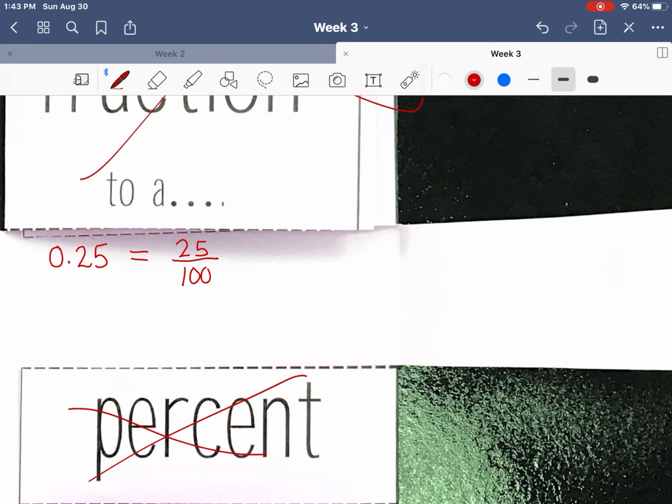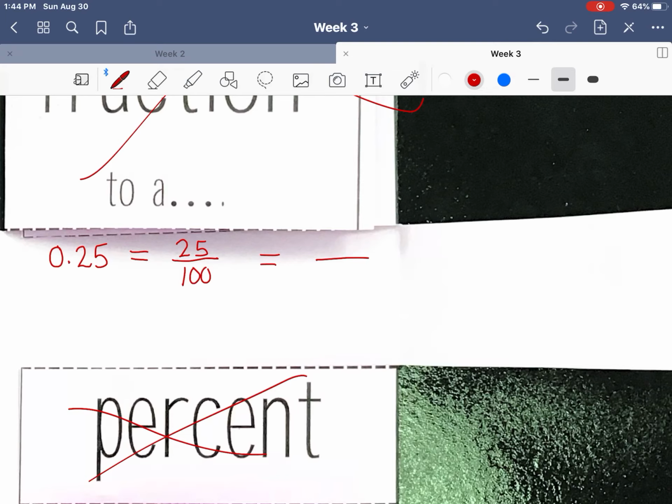So when you write 25 hundredths as a fraction, 25 over 100, all you have to do then is simplify it. Hopefully you've learned how to simplify fractions already, but let me refresh your memory. To simplify any fraction, you need to find the greatest common factor of your numerator and your denominator. So what's the biggest number that goes into both 25 and 100? A lot of people forget that a number is a factor of itself.